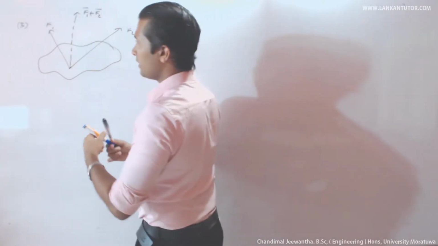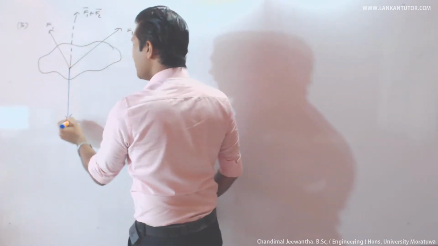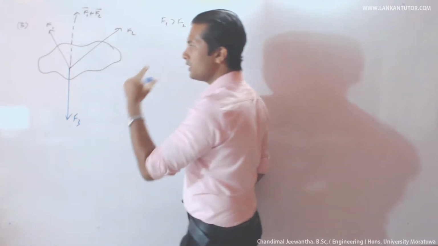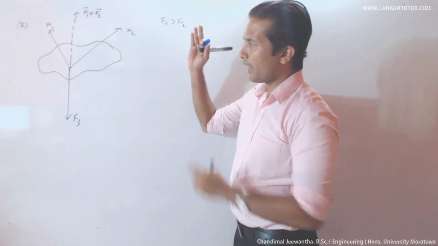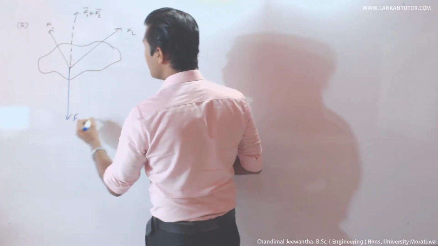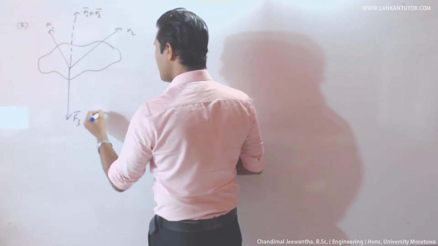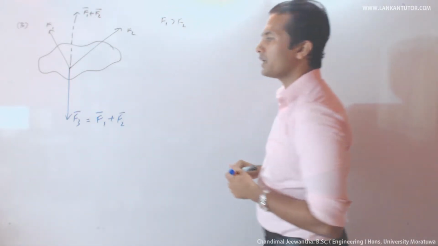The third one, I mean F3, should be opposite in direction, the same magnitude, and same line of action. So we can conclude F3 should be equal to the resultant of F1 and F2.